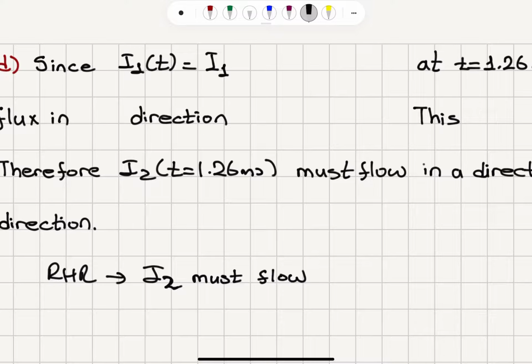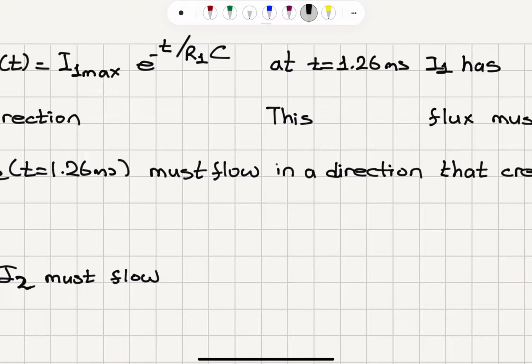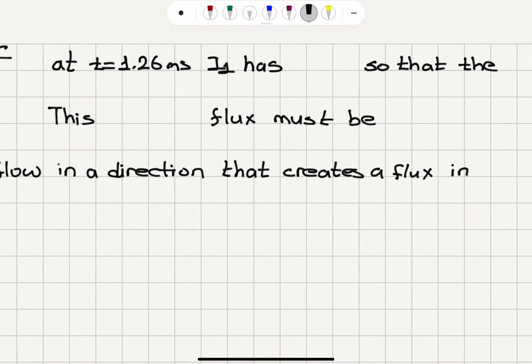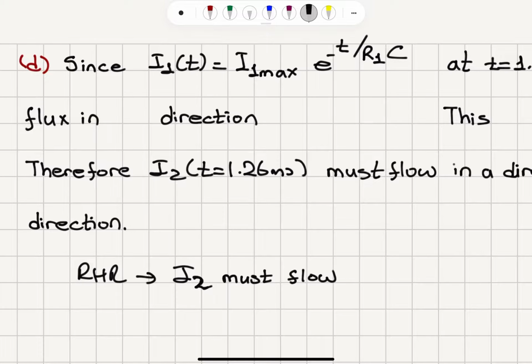So it will be I1 maximum e to the minus t divided by the time constant. The time constant is R1 times C. So at t is equal to 1.26 milliseconds, which is the one time constant, I1 has decreased, so that the flux it was creating in k-hat direction decreases.